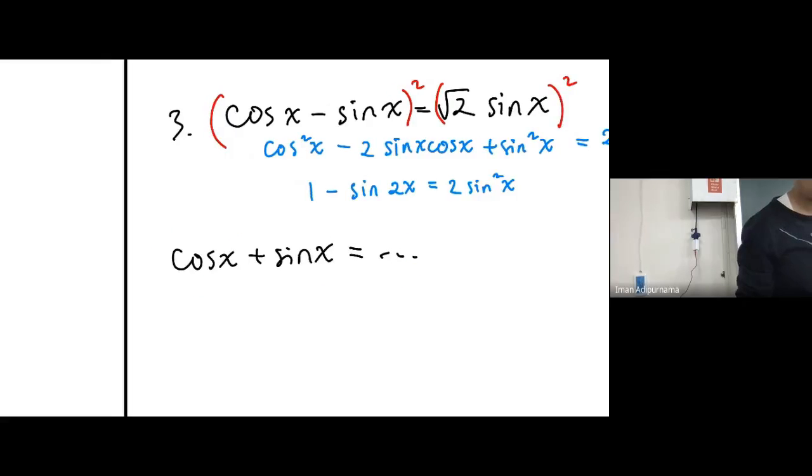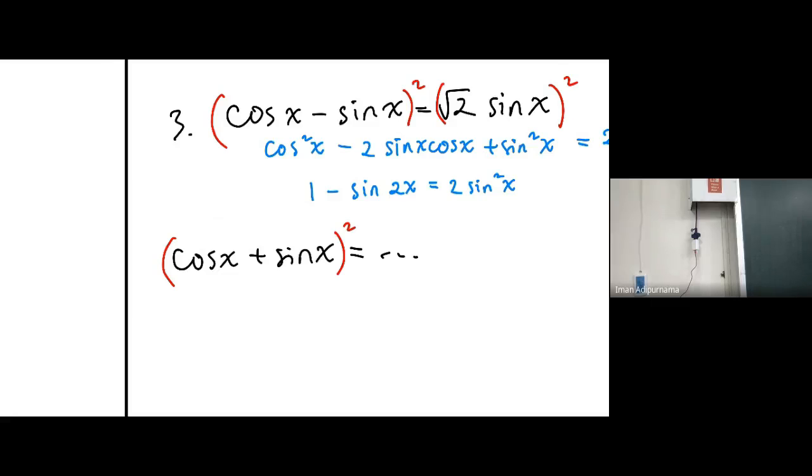The question, let's square this. Because for cos and sine, the difference is only minus and positive, so the end terms should be similar, right? It has cos squared and sine squared. It's also cos squared and sine squared.